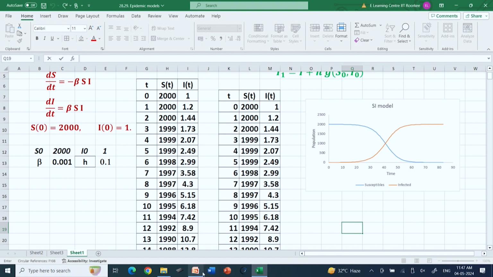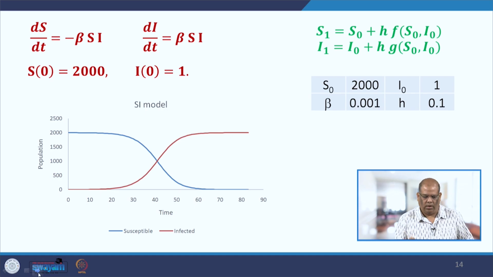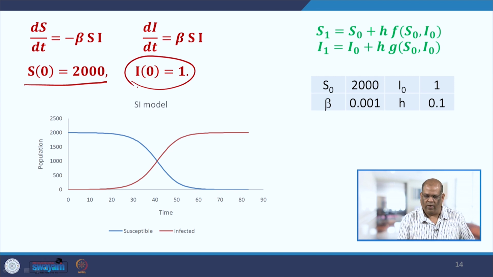Now let's go back to our lectures. Let's quickly see the numerical curve. So we plotted this curve using Microsoft Excel, where I have taken the initial value as 2000 for the susceptibles, only one infected.